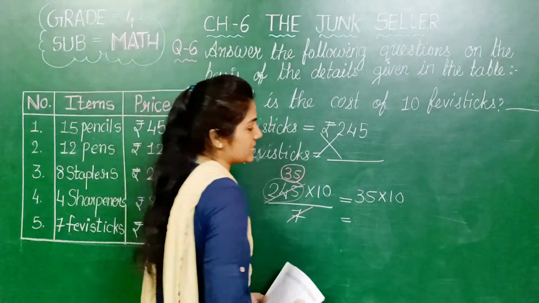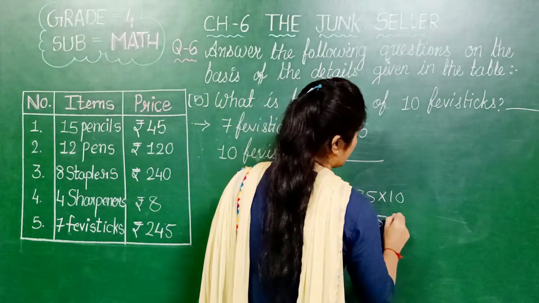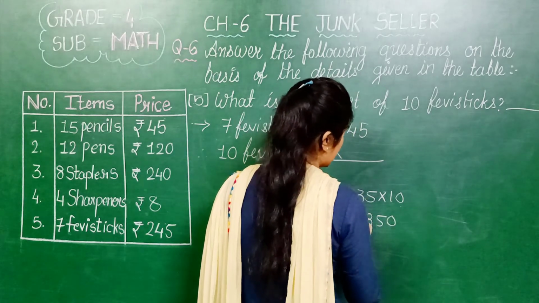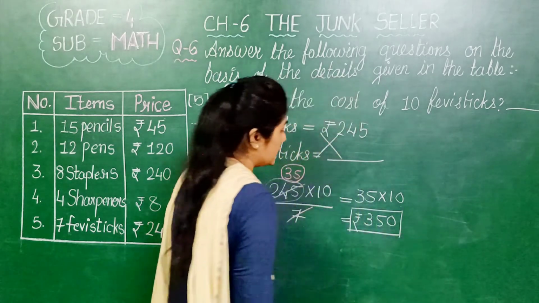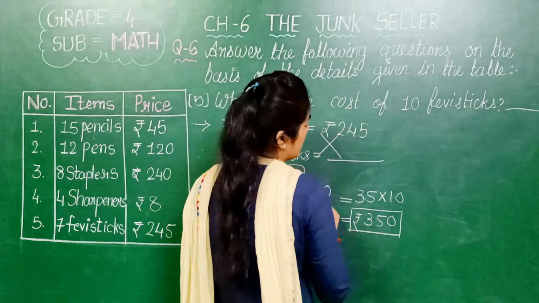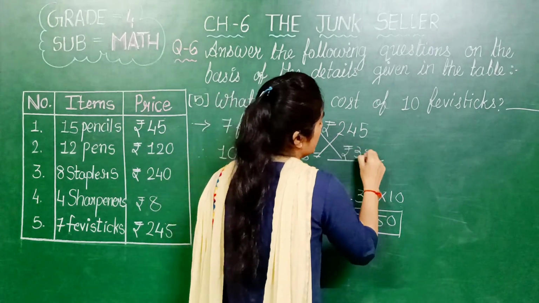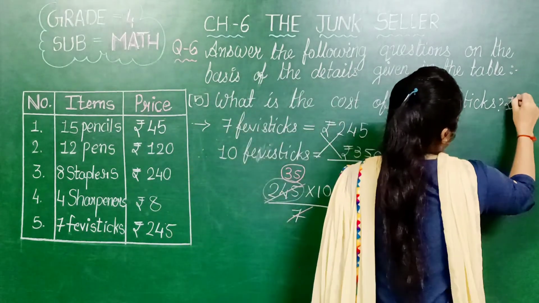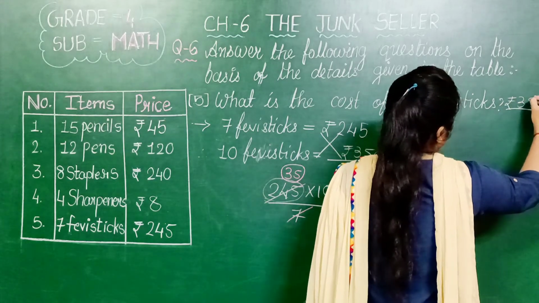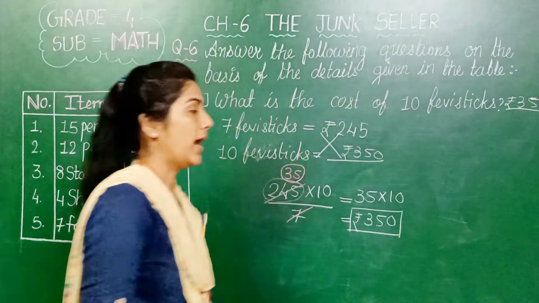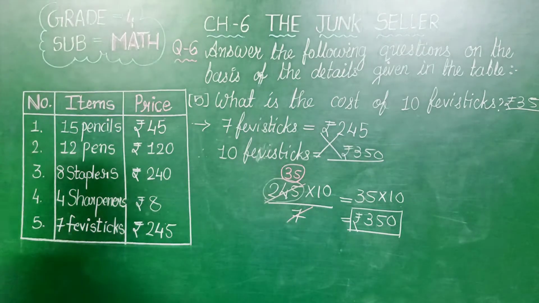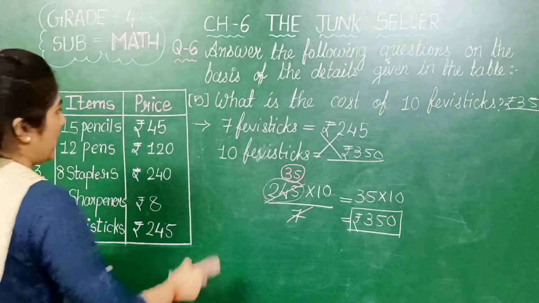So 35 tens are 350 rupees. This is your answer. That means the cost of 10 fabric sticks is rupees 350. This is your answer. Now question number 6 and 7.